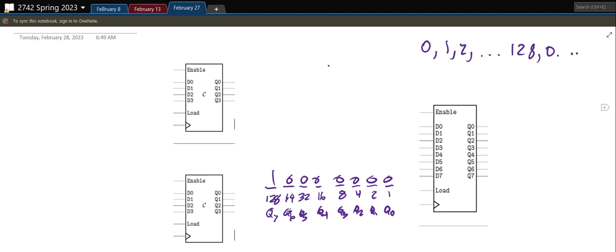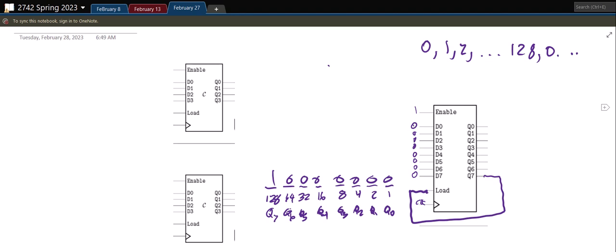So all you need to do is detect when Q7 is 1. So Q7 goes to the load. When Q7 is 1, you're going to load, and what you're going to load is 0. And this will be enable, and that's the clock. And that's it if you have an 8-bit counter.